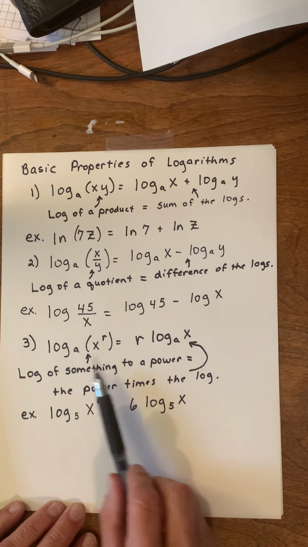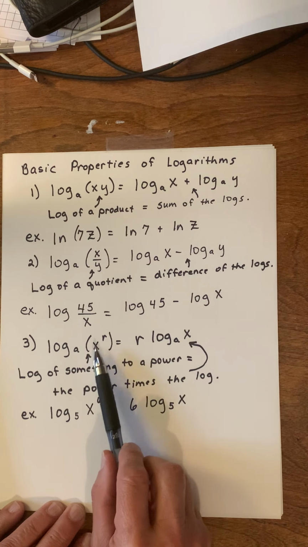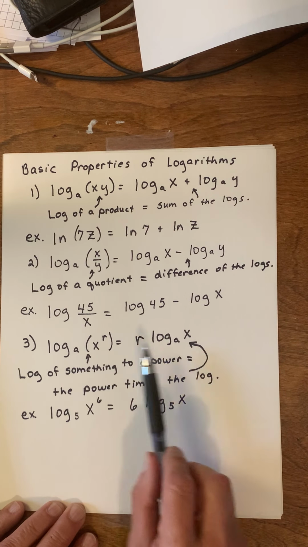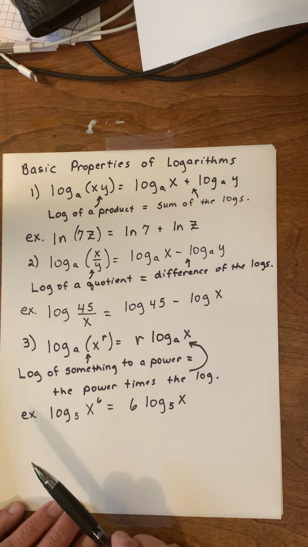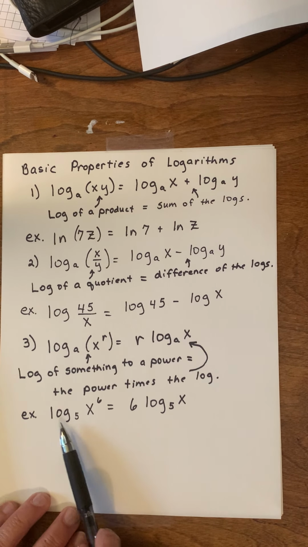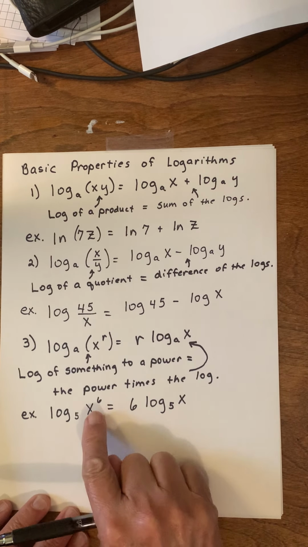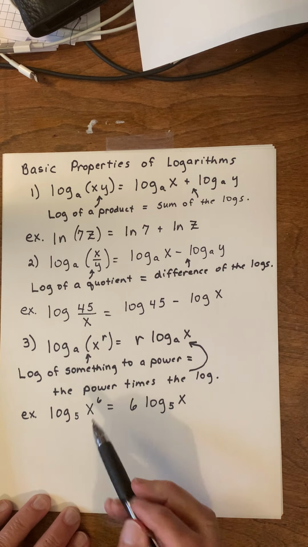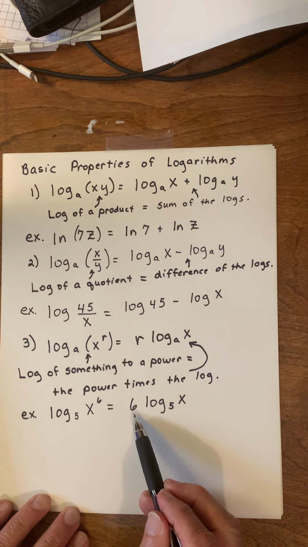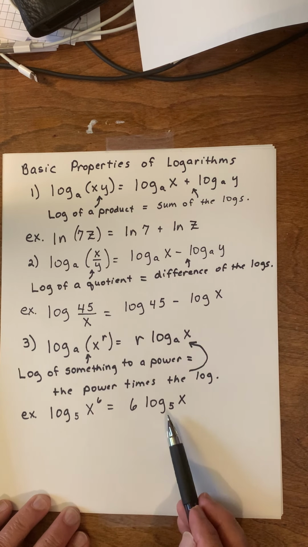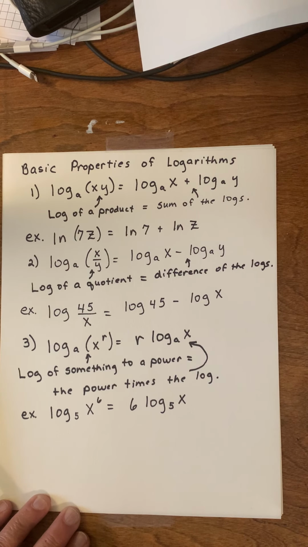The log of something to a power equals the power times the log of that thing. So check this out. Log base 5 of x to the 6th, hey, there's an exponent. That becomes my coefficient, equals 6 times log base 5 of x.